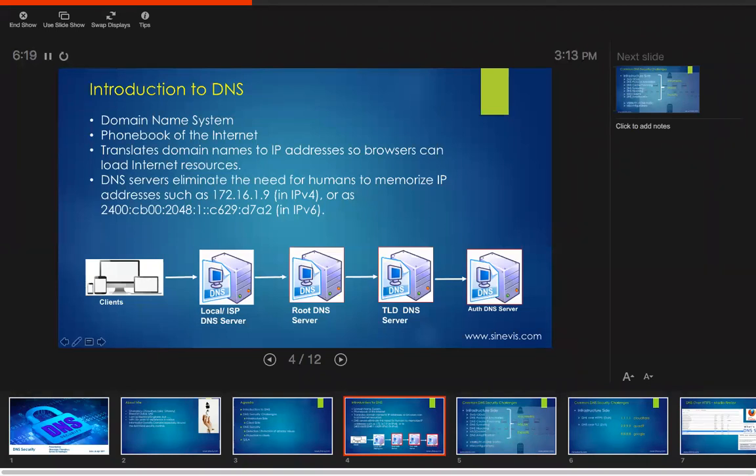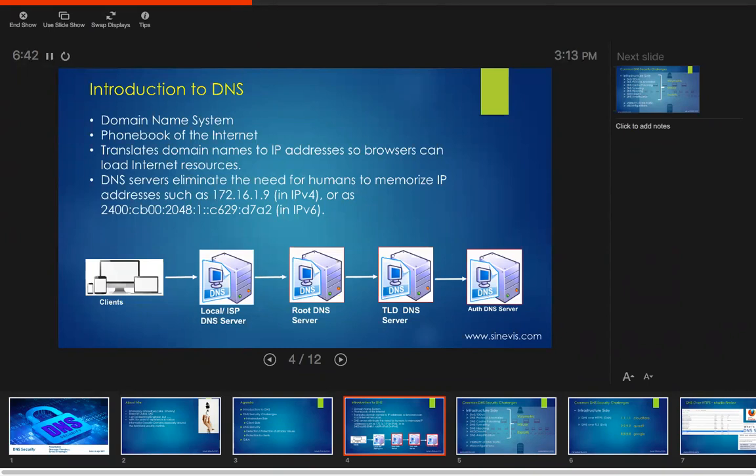Now, recently, there have been requirements of IPv4 and IPv6. So now, instead of just A records, which are IPv4 records, we have something called the IPv6 record, which is called the quad A record. The pattern is the same, and the naming is almost similar.